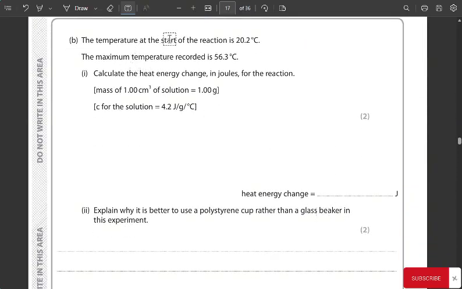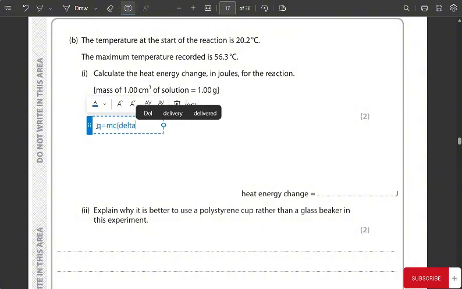The temperature at the start of the reaction is 20.2 Celsius. The maximum temperature recorded is 56.3 Celsius, and calculate the heat energy change in joules for the reaction. Okay, first of all, we should write the formula. Q equals mcΔT.